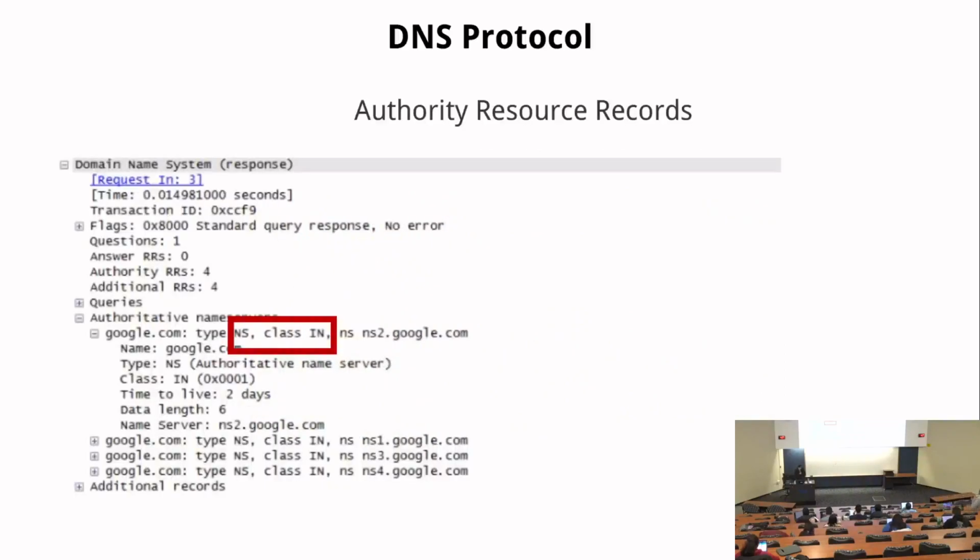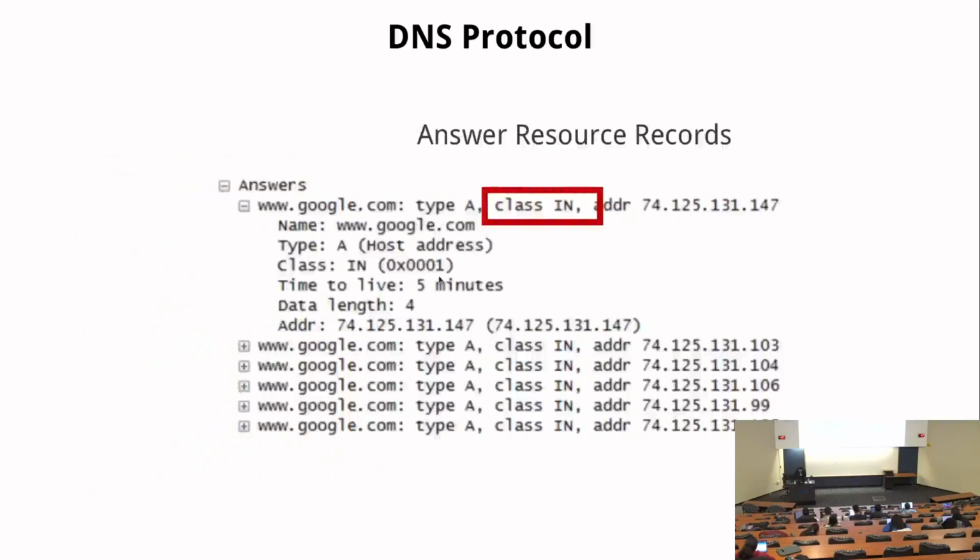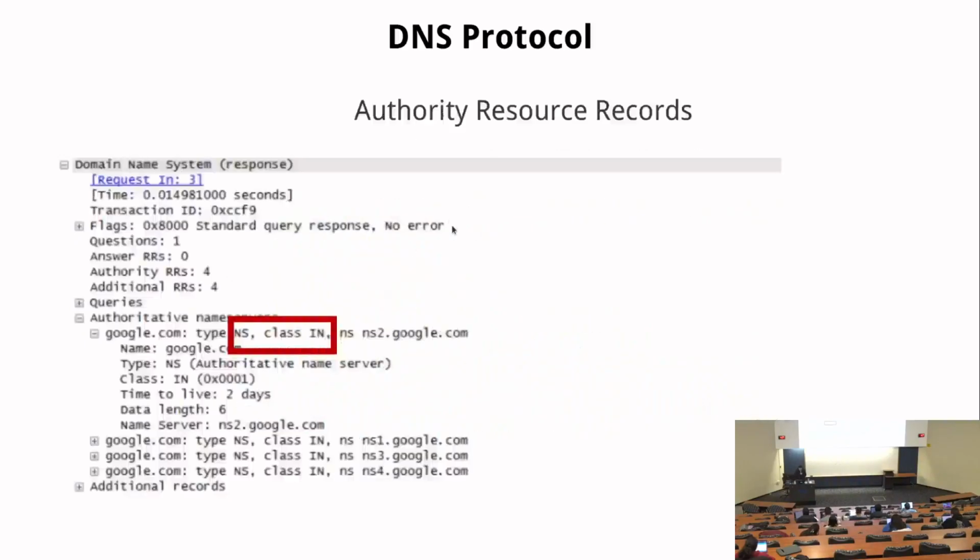For the authority resource record, the type here will not be type A anymore. The type here will be NS, which is name server. You can see here that it's not really giving google.com's IP address.